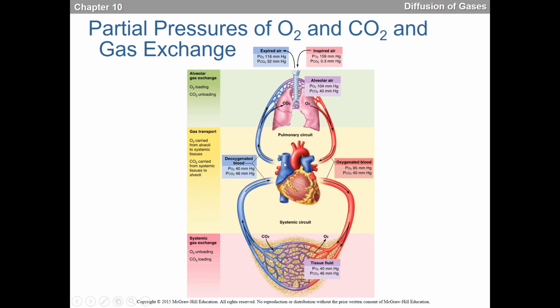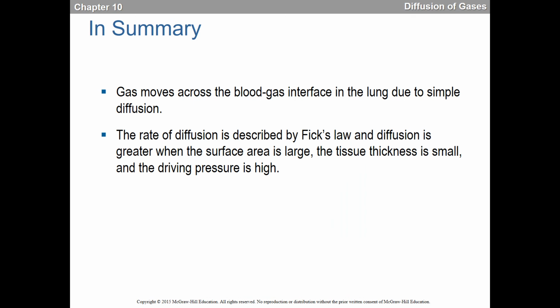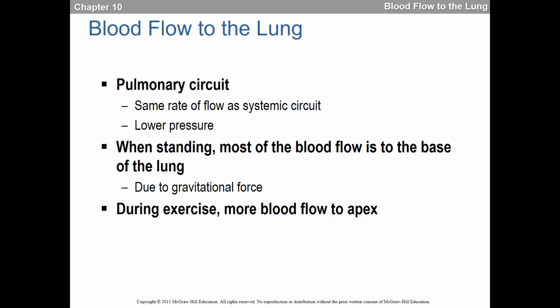So that's the directionality of CO2. Hopefully that makes sense. O2 is going down, and then CO2 is going up in that way. And whenever I say CO2 is going up, I mean it's the highest here, and the partial pressure is going to be going down as it leaves the body at all of the different stages. So hopefully that wasn't too confusing. Just follow the numbers on that.